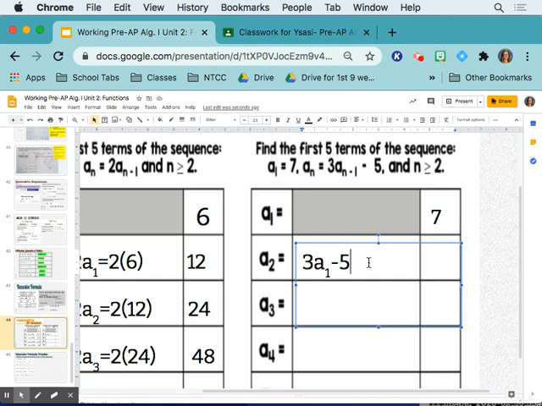Would you do 7 minus 5? No, you do your multiplication first. So 3 times 7 is 21, minus 5 is 16.